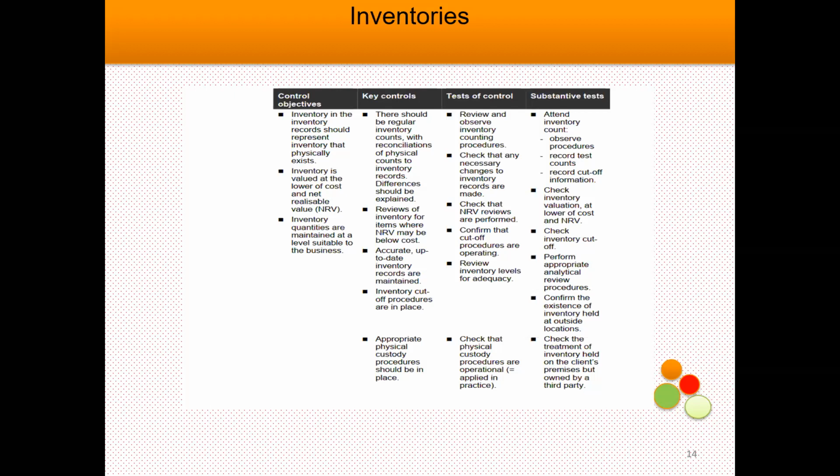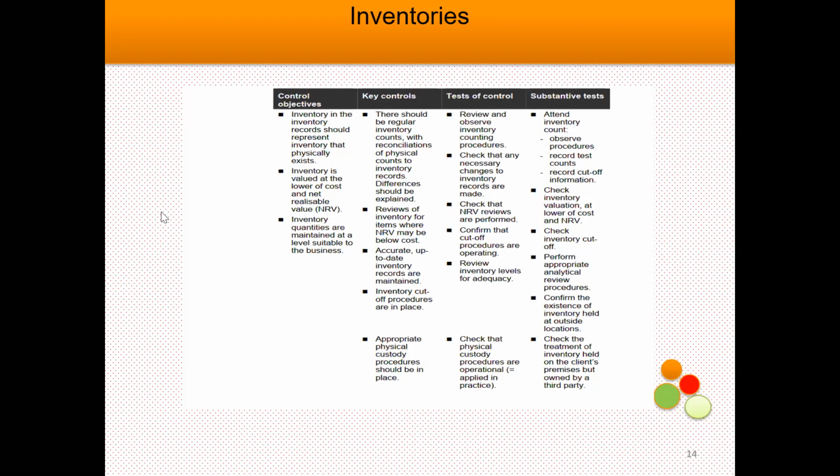Analytical procedures, those audit procedures that we talked about, can also help here. You also confirm the existence of the inventory. Is the inventory actually there, or have they packaged empty boxes and are saying it's inventory?